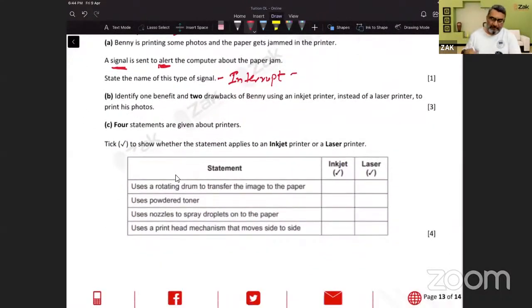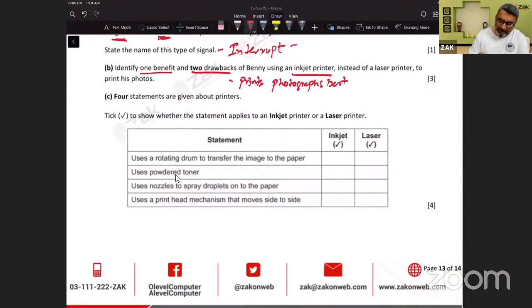Identify one benefit and two drawbacks of inkjet printer. One benefit: prints photographs best. Cheaper है, consumes less light. Two drawbacks: not durable and slow. Now we have to tell what sort of printer we are talking about.